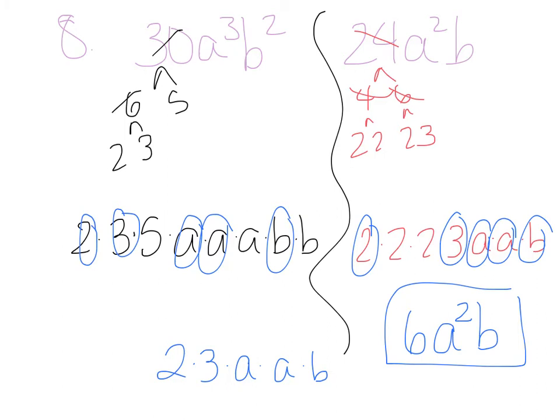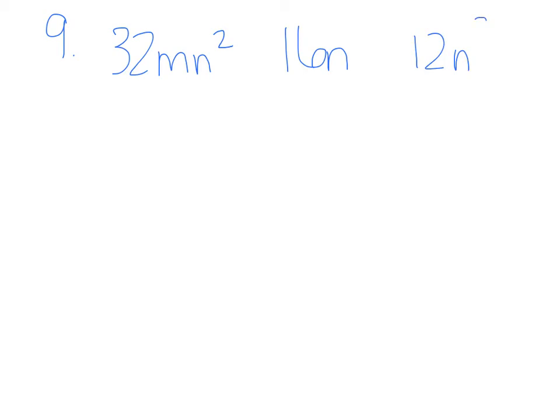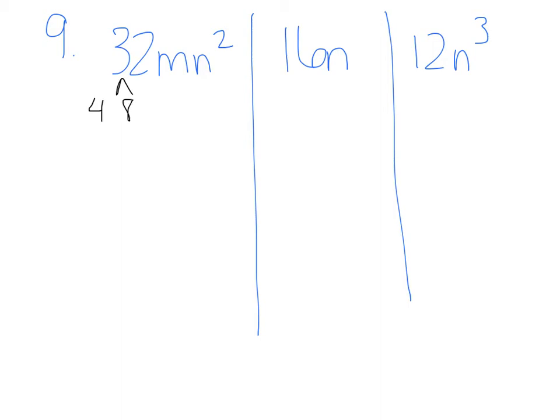We're going to do one more, number 9. We have 32mn squared, 16n, and 12n cubed. So again, I'm going to start by factoring the numbers down to prime numbers, and I'm crossing out the numbers that we factored.